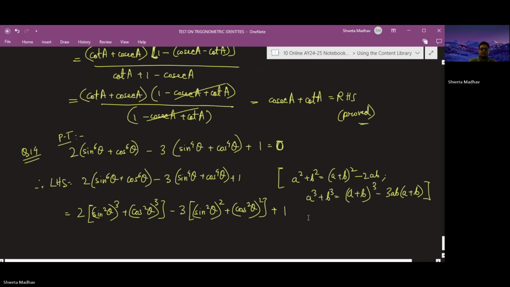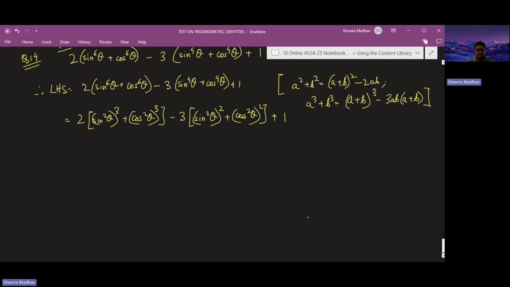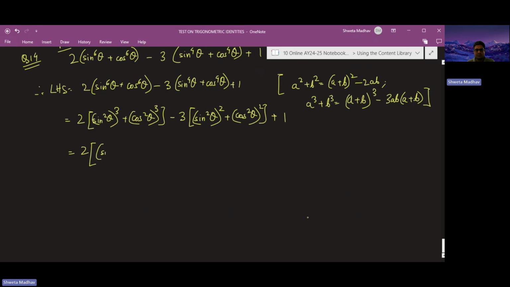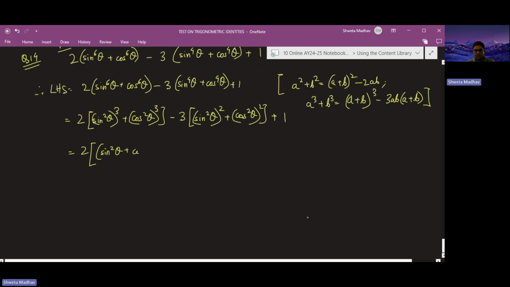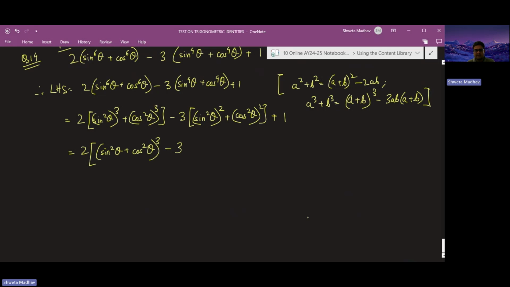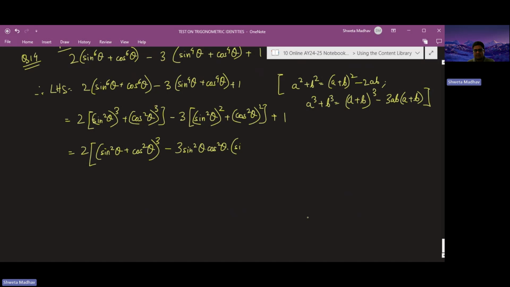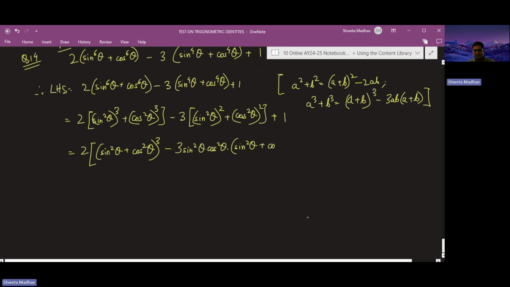Now if you take A as sine square theta and B as cos square theta, then this will be A cube plus B cube. So this can be written as A plus B whole cube, which means sine square theta plus cos square theta whole cube, minus 3ab, so 3 into sine square theta into cos square theta into a plus b, that is sine square theta plus cos square theta.